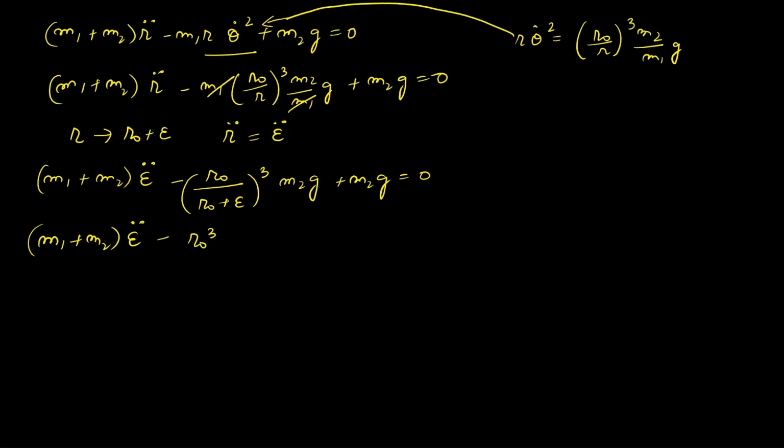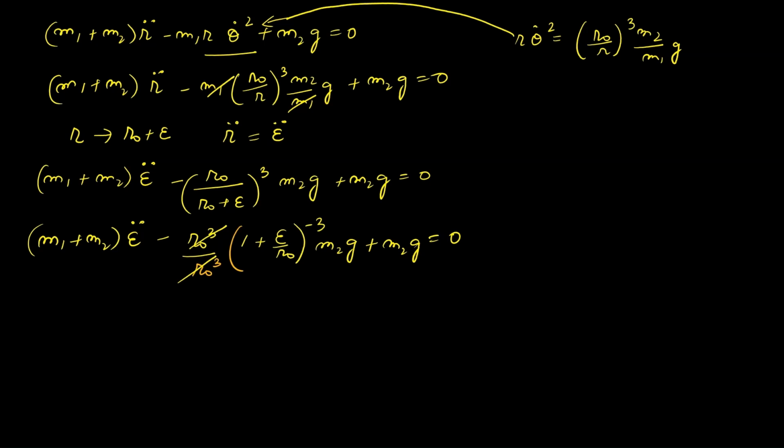Here I'll take R0 cube outside. Then this one will be 1 plus epsilon by R0 to the power minus 3. So R0 cube cancels out. So M2G plus M2G, this is equal to 0.